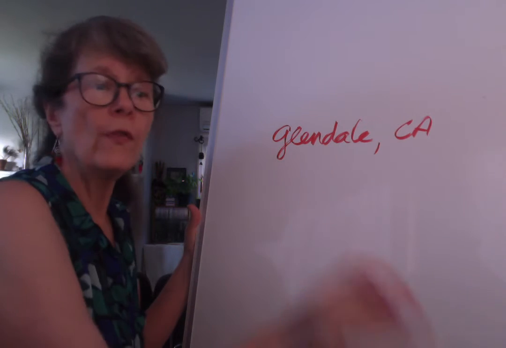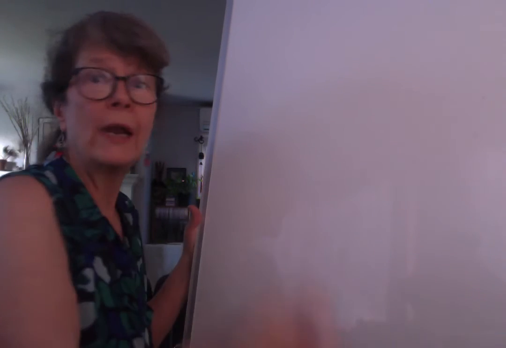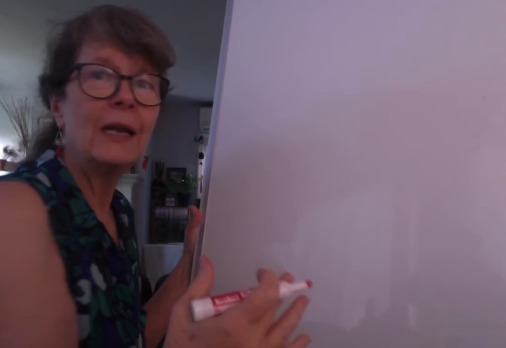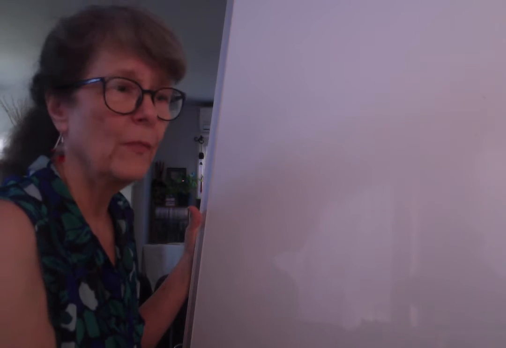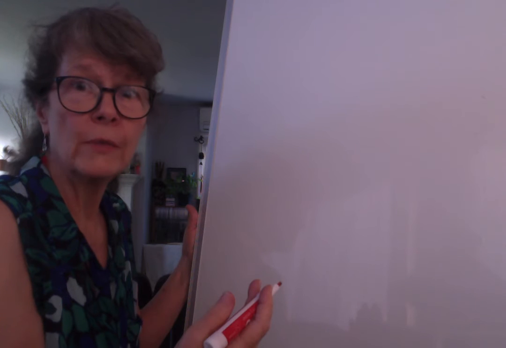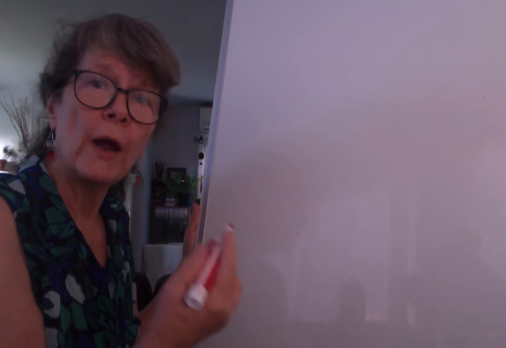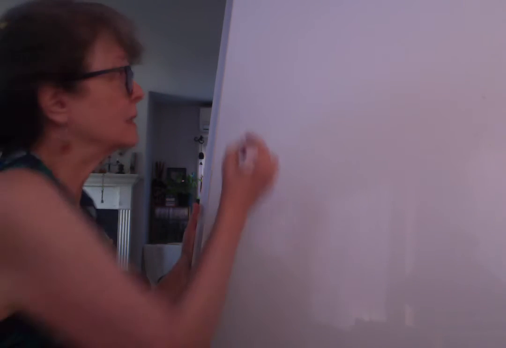So where are the commas that we need when we're writing an address? Now there isn't any rhyme or reason to this. It's just conventional. We put commas in certain places in the address.